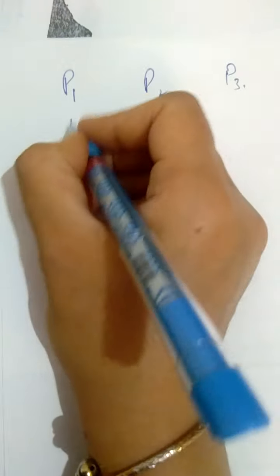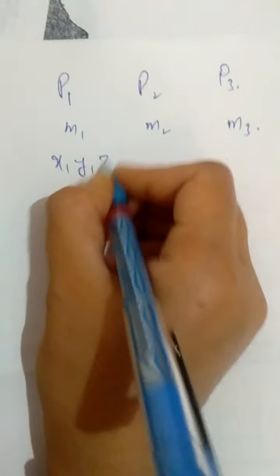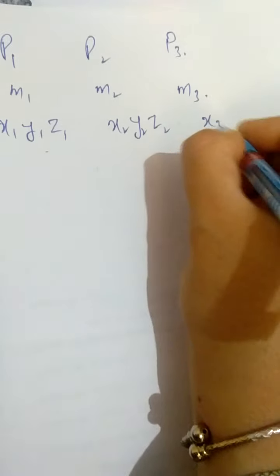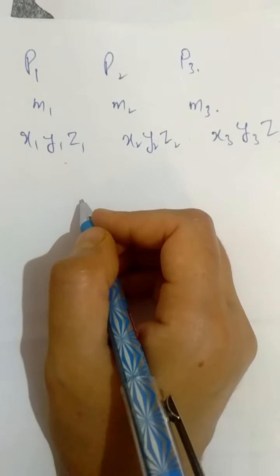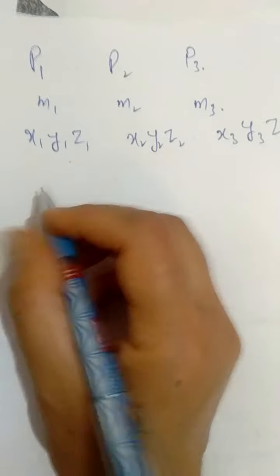The simplest numerical problems that you can face are of this type: you have three masses at points P1, P2 and P3. The masses are m1, m2 and m3. Their coordinates are x1, y1 and z1, x2, y2 and z2, x3, y3 and z3. And you are asked to find the position of the center of mass.